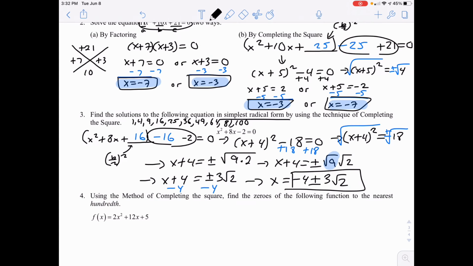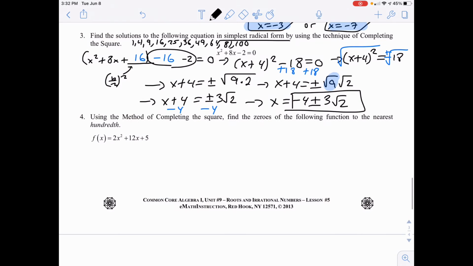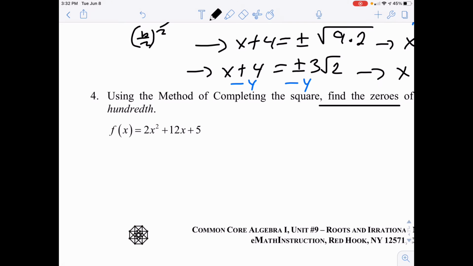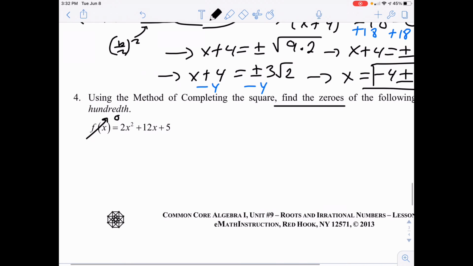Now, in number 4, we're going to complete the square and find the zeros of this function. So to find the zeros of the function, we need to essentially let f of x equal 0.